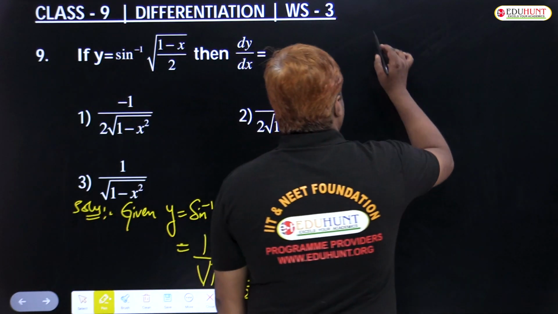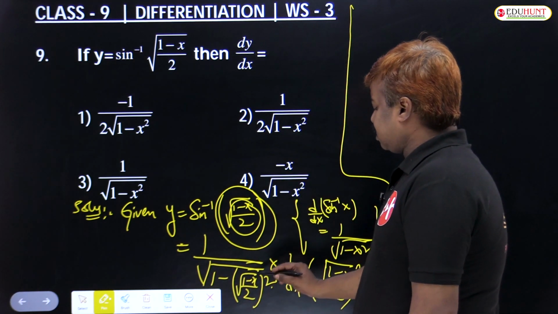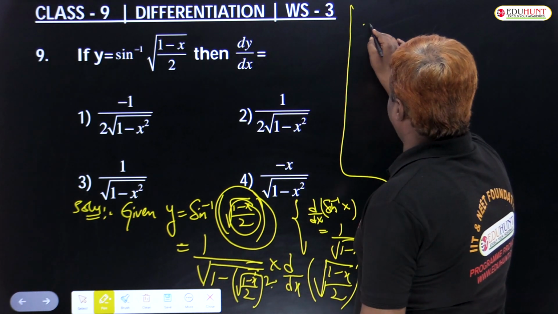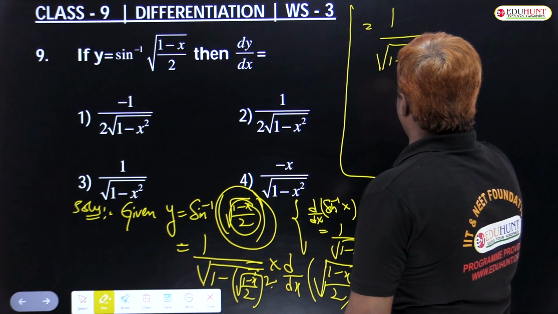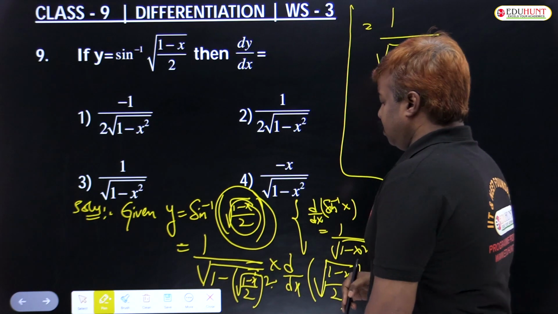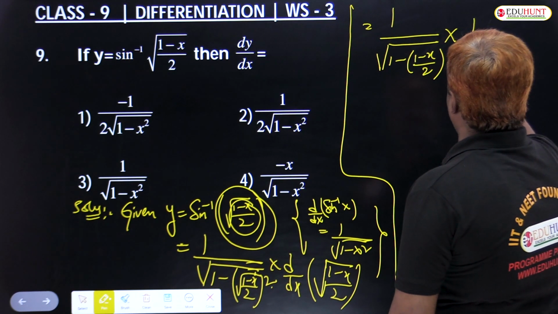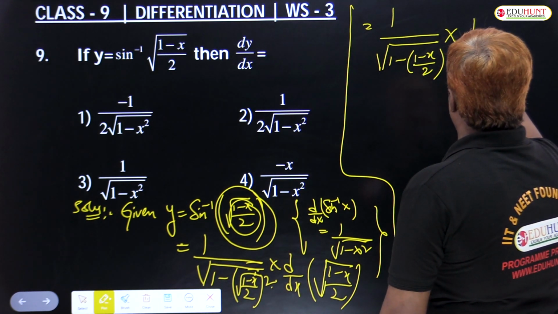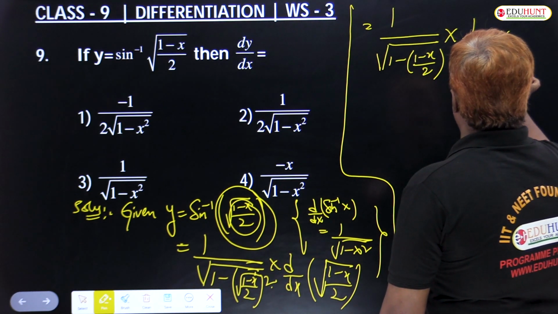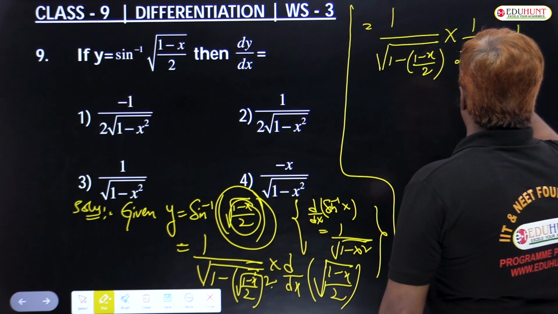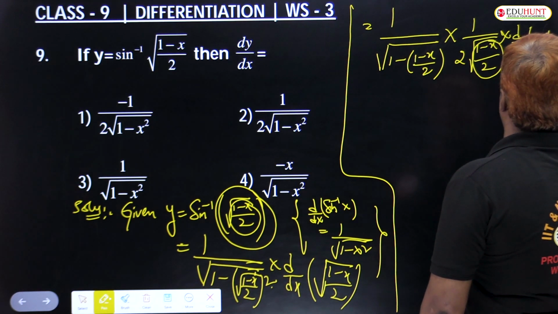Now the expansion: the square and root cut, and the remaining value you can write as 1 by root over 1 minus x by 2.